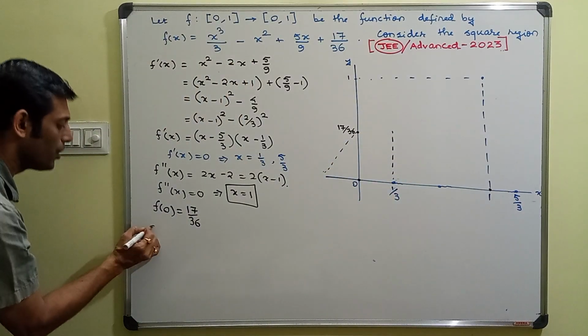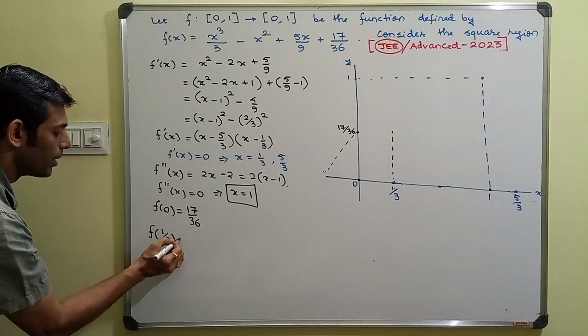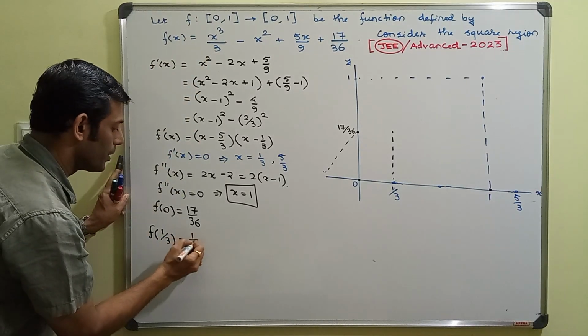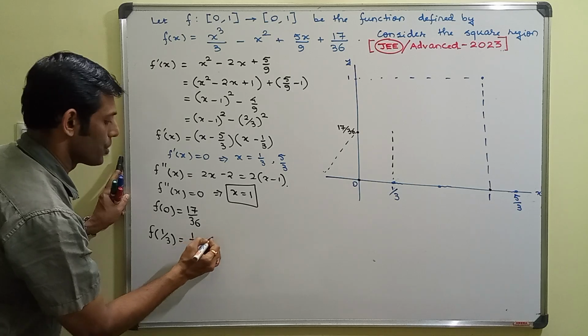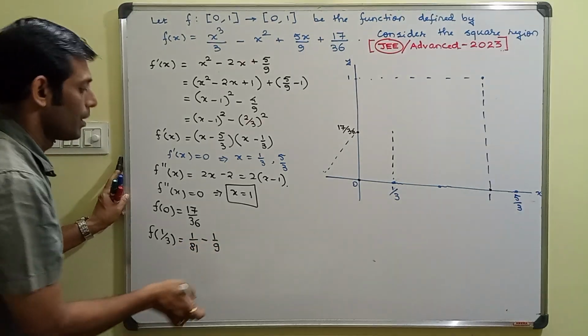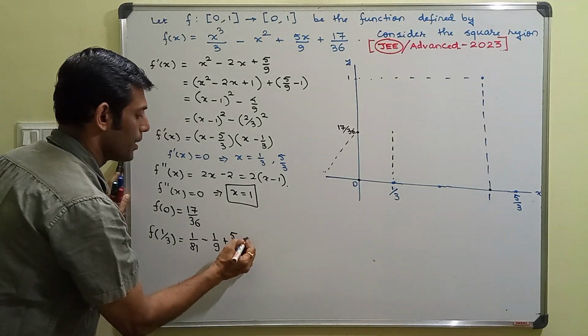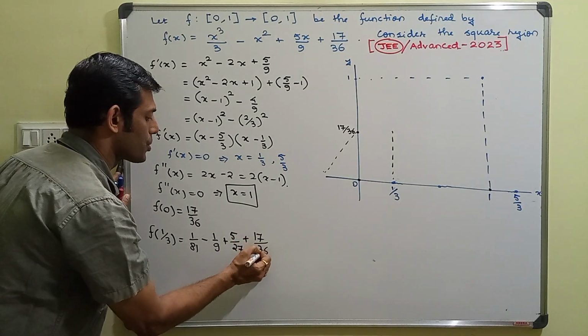Now, what is f of 1 by 3? F of 1 by 3 is going to be 1 by 3 power 4, that is 1 by 81, minus 1 by 9, plus 5 by 27, and plus 17 by 36.